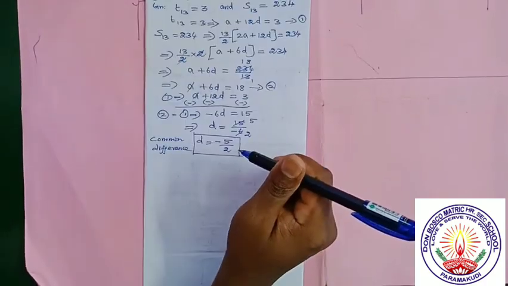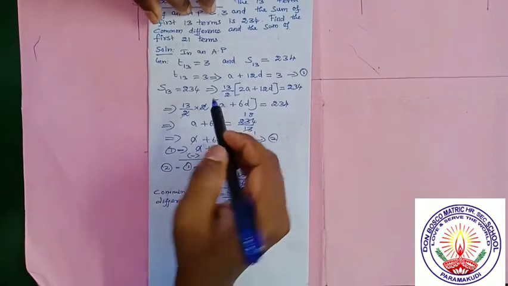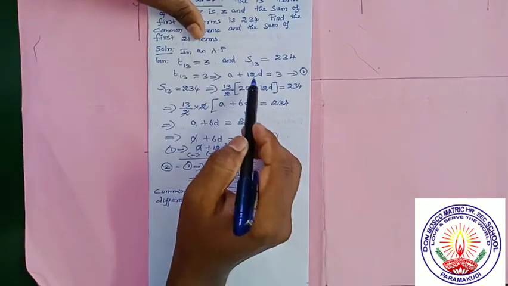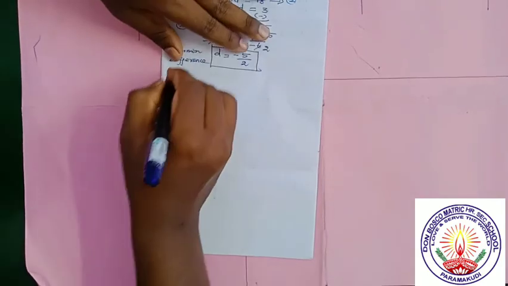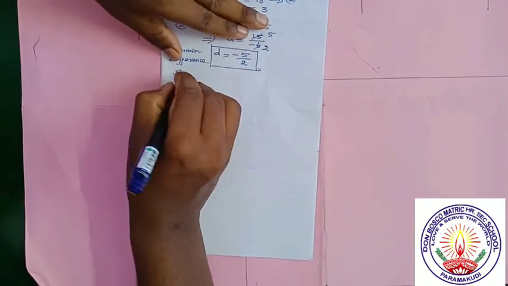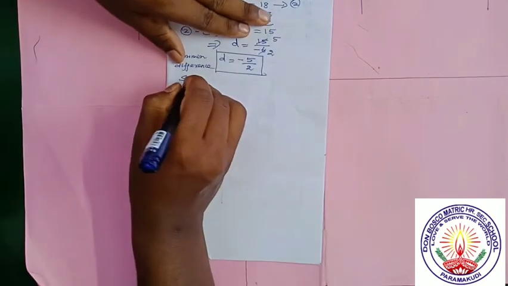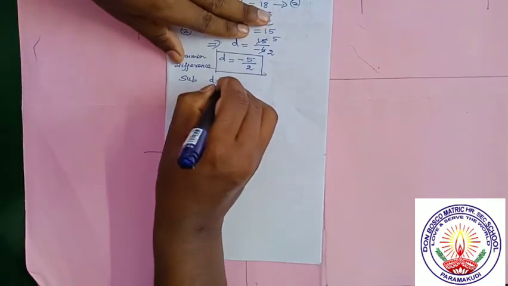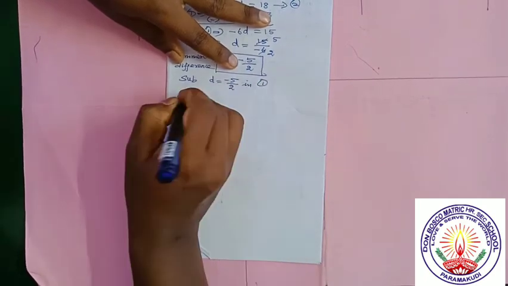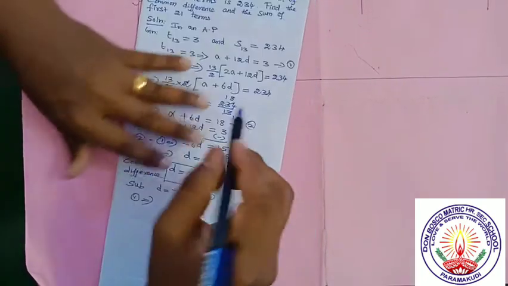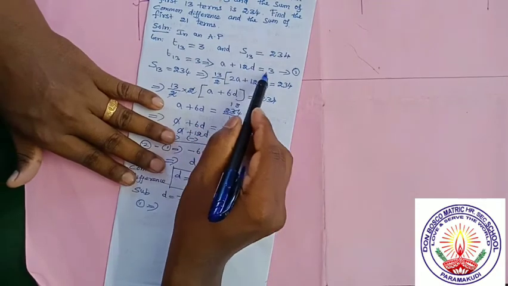Second question, find the sum of first 21 terms. To find this, we need the value of A. So take A in equation number 1. Substitute D is equal to minus 5 by 2 in equation number 1. Equation number 1 is A plus 12D is equal to 3.